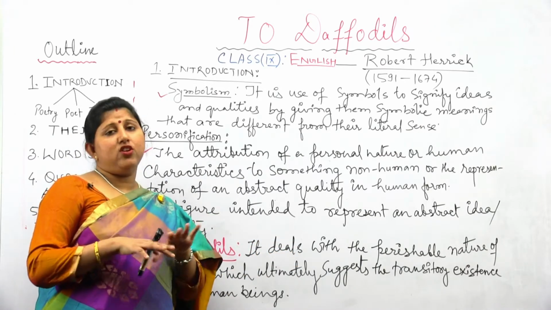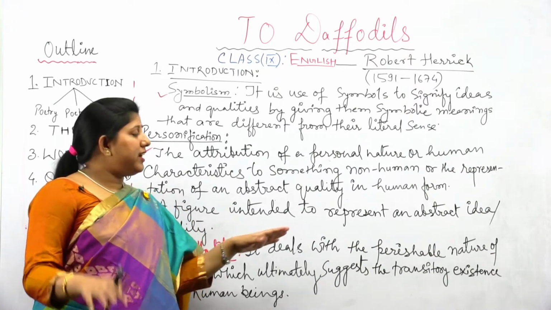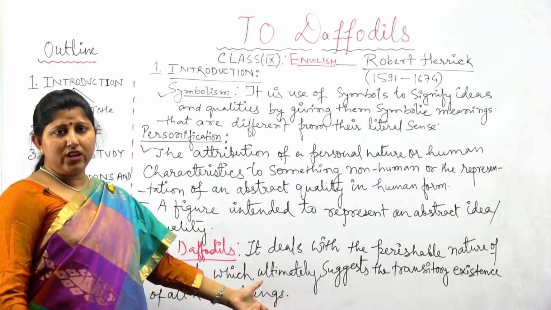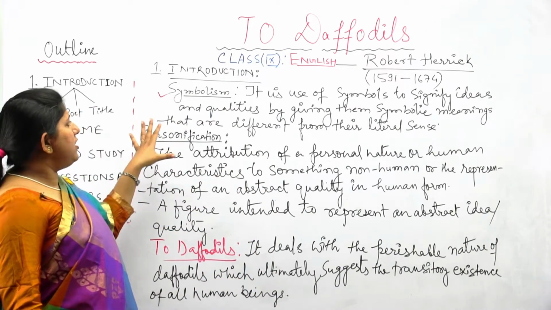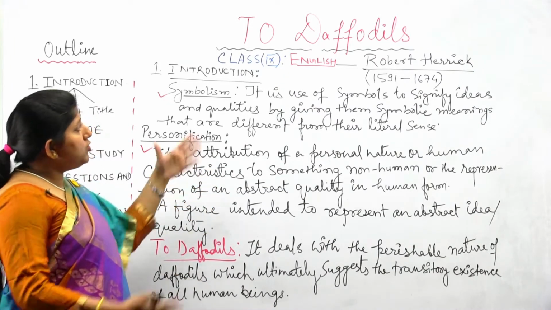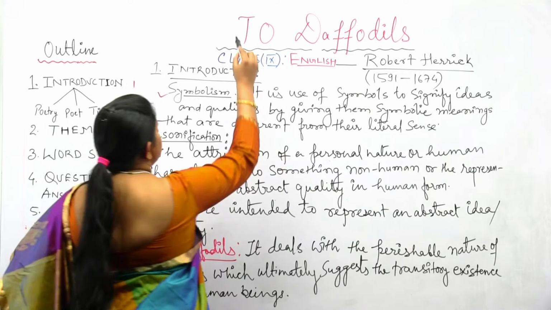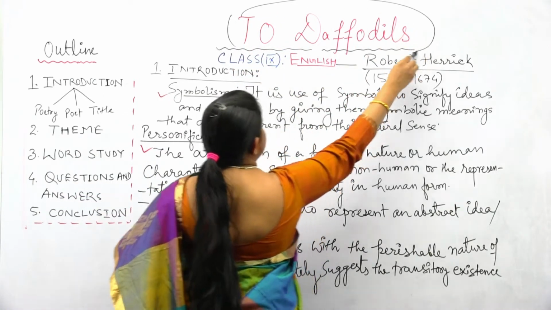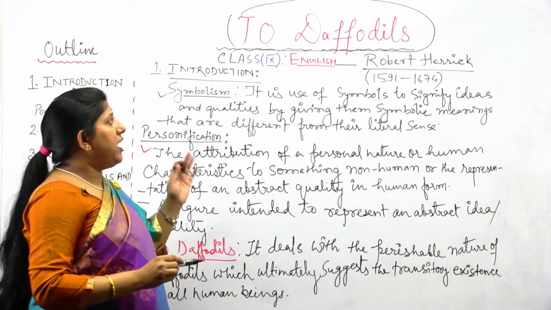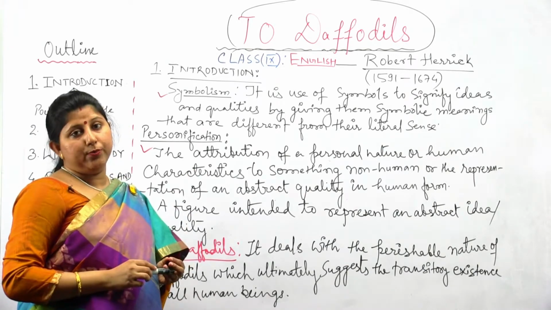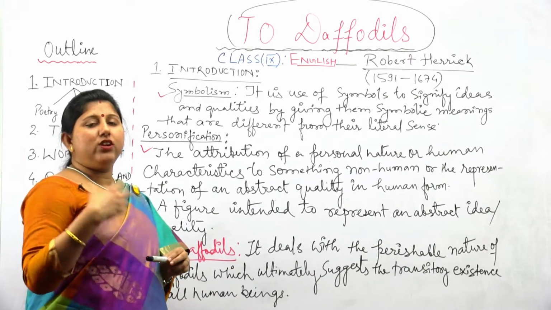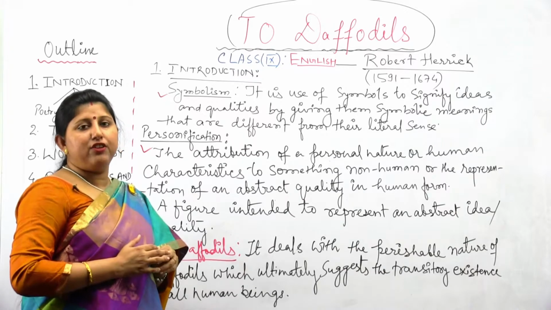Transitory means that does not exist for long. So that is the title, Two Daffodils. So you have the complete structure here. What kind of figure of speech did the poet use, and what do you mean by this term? If you want to understand this poem, you need to understand the title of the poem, because it will give you an idea of the main theme behind this philosophy.